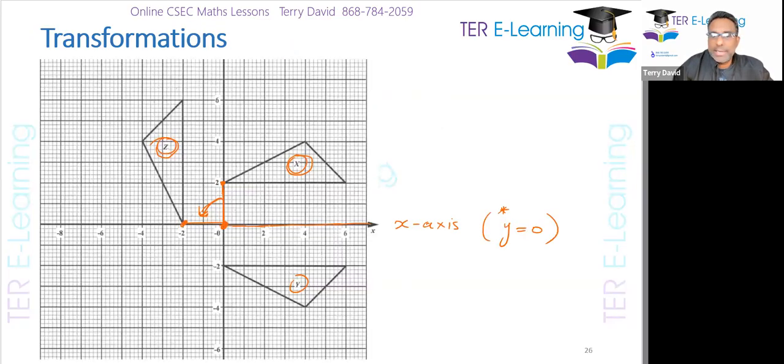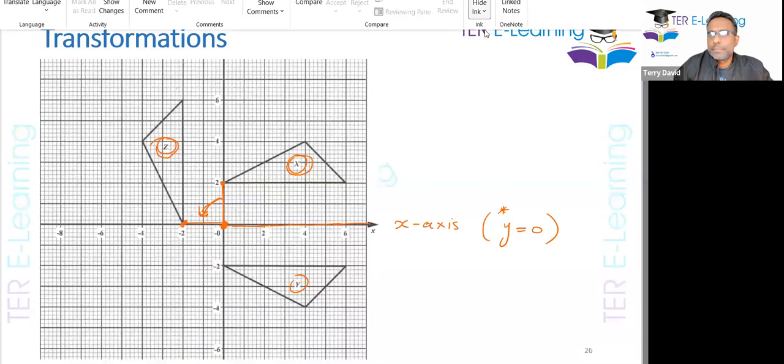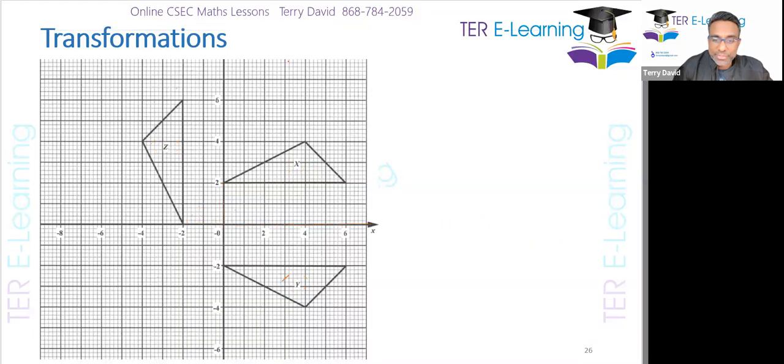So let me just clear this out here first. Review. What we're doing is starting with triangle Y. That's this triangle here. Your translation vector, in this case, just give me 1 second.